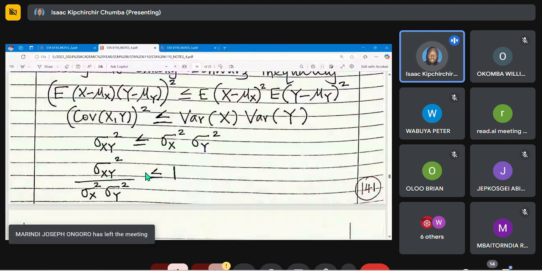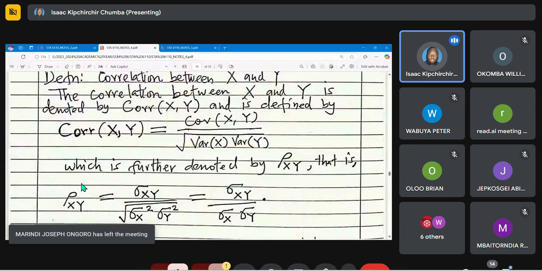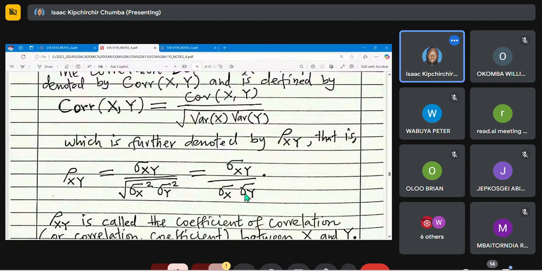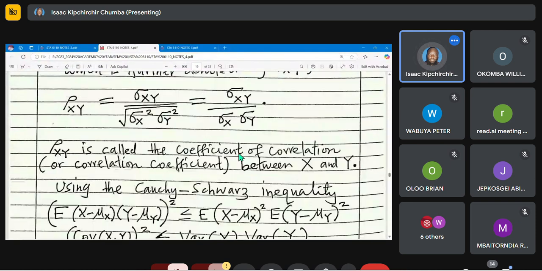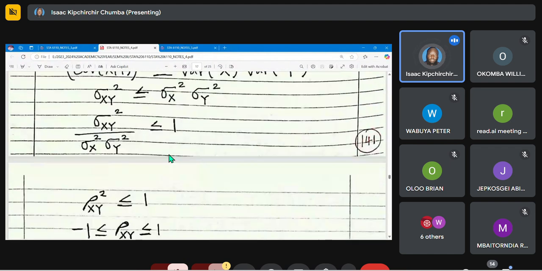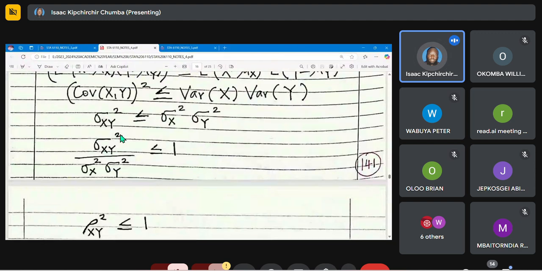Rho xy is sigma xy divided by sigma x times sigma y, so the left-hand side is rho xy squared.